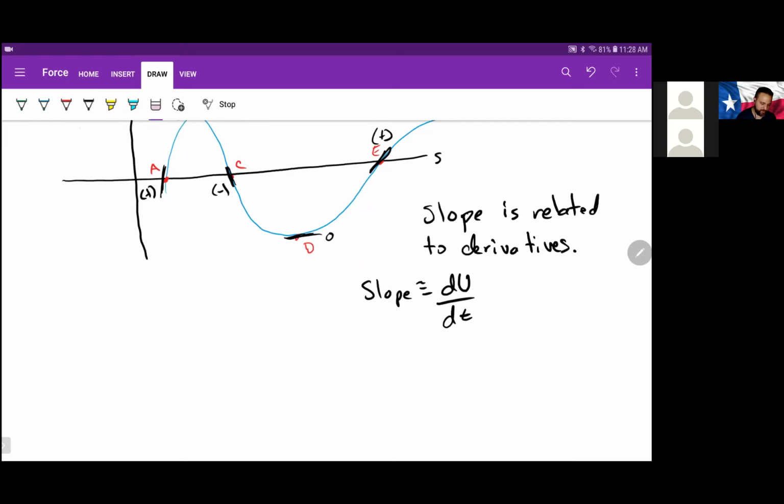I was trying to remember why it was negative, and I can't recall why it's negative. It's got to do with the work. I think we get to that when we talk about work, because energy and work are related. So don't worry about the negative right now. We'll talk about it later.